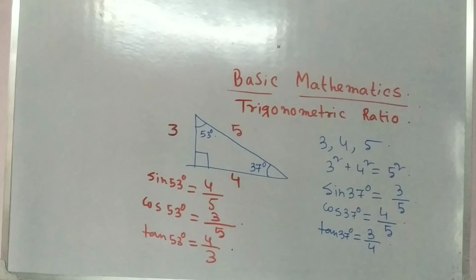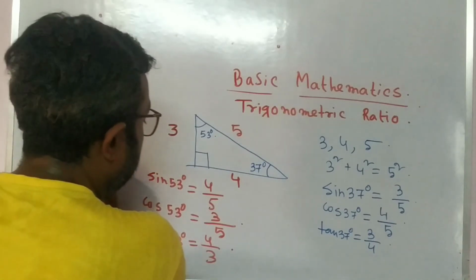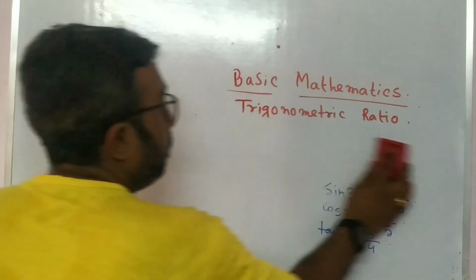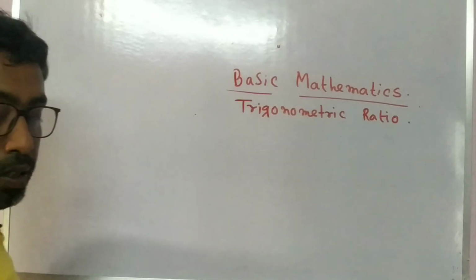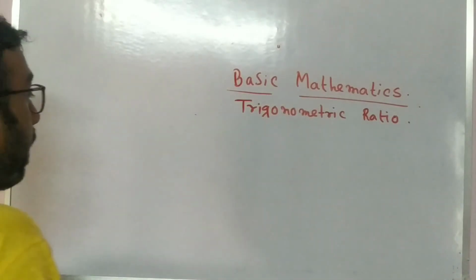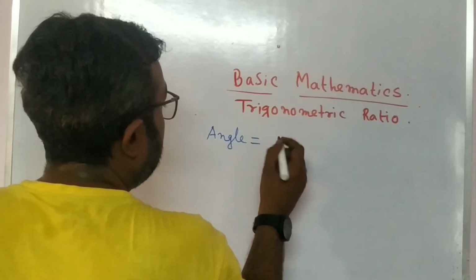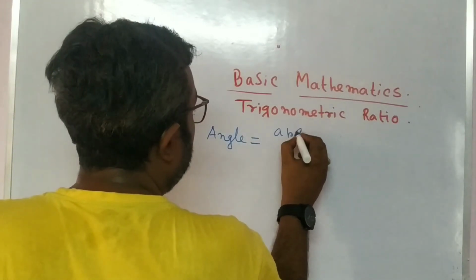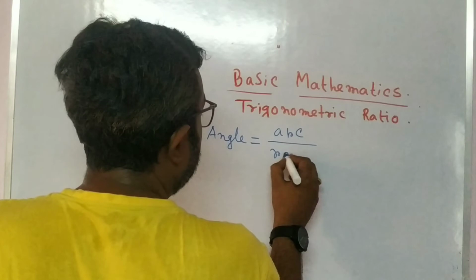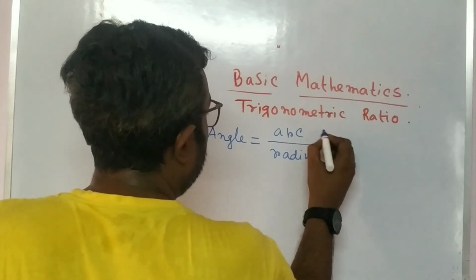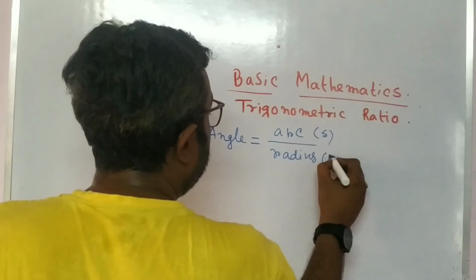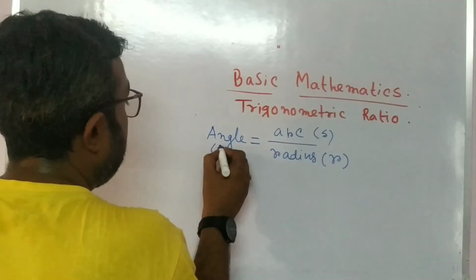And the next topic we will learn, that is angle. What is angle? We know that angle means arc by radius. Arc means S, radius means R, and angle means theta.